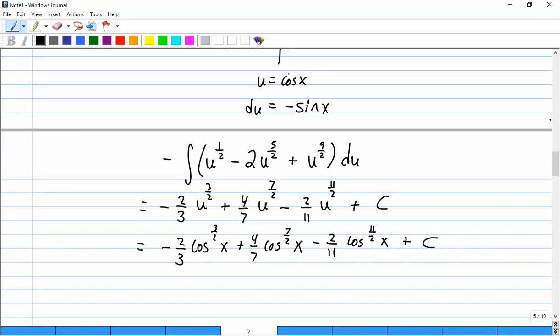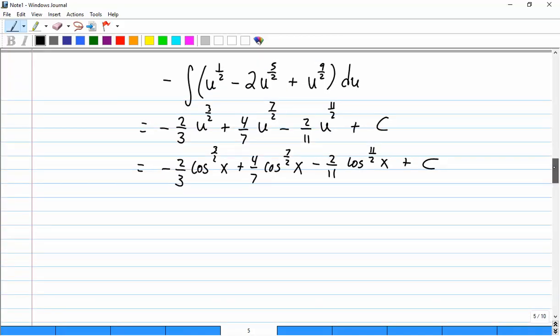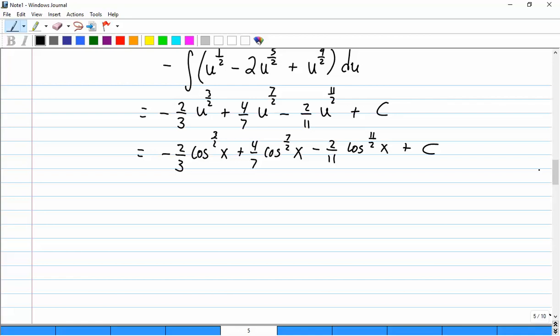Any questions? All right, so that's what we do if we take the integral involving sine and cosine and the power of sine is odd. Well, what if it's not? What if the power of cosine is odd and the power of sine is anything else?